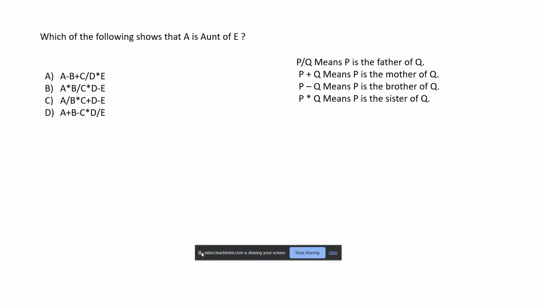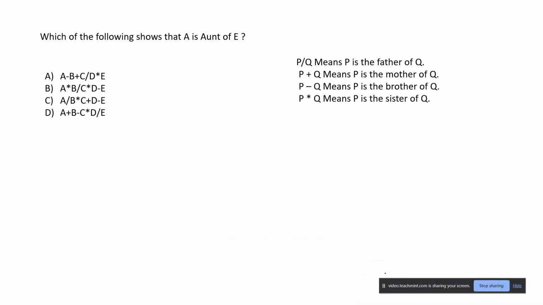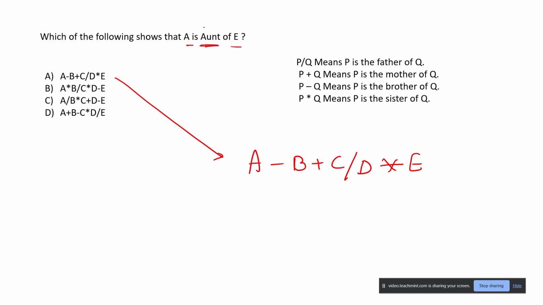Just for simplification, I'm going to write all the four options once again, so you'll get a better idea. First of all, let us take this option: A minus B plus C by D and into E. Now guys, if you observe here, the clue is there in the problem itself. A should be the aunt of E. So A should be the aunt means A should be a female person.